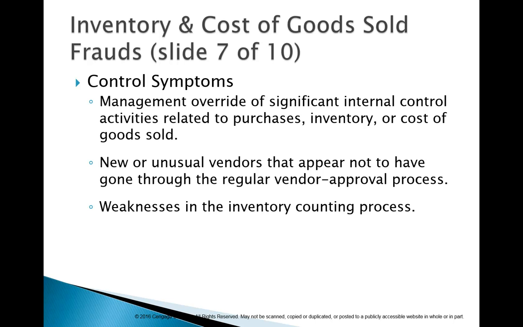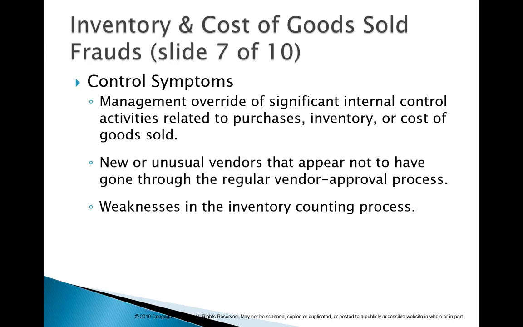But there's a lot of things that could make you suspicious even when you're out doing the inventory counts. Because if you see piles of inventory that look like scrap, and you ask, what is that? And they say, oh, we got rid of that. Well, is that in your inventory balances? Oh yeah, that's still there. Well, why is stuff that's been scrapped still in our inventory balances?